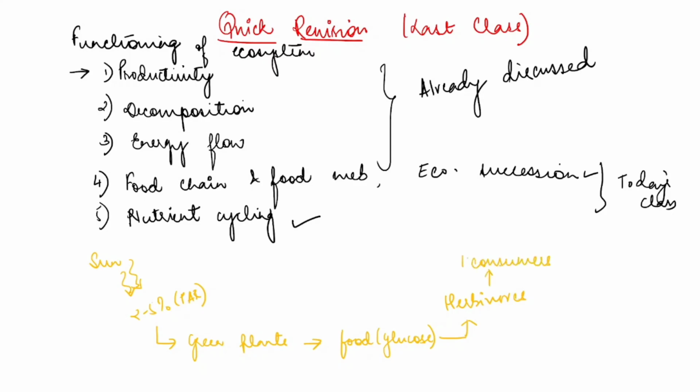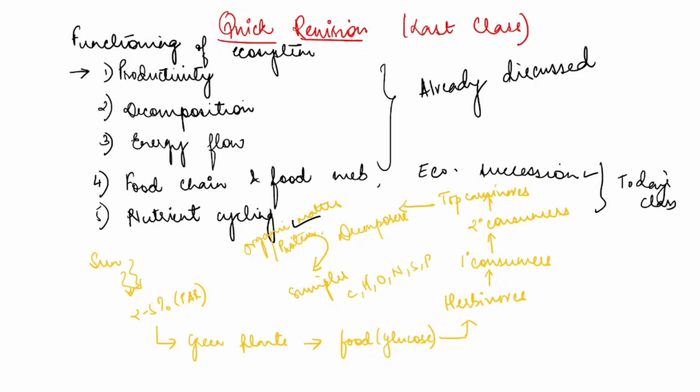Under consumers, we have primary consumers, secondary consumers, top carnivores, and when they die, there are decomposers like fungi and actinomycetes, like bacteria, that act on those complex organic matter like protein, carbohydrates, fats, and convert the complex organic matter into simpler substances like carbon, hydrogen, oxygen, nitrogen, sulfur, phosphorus, right? So this is what we have discussed in the last class.